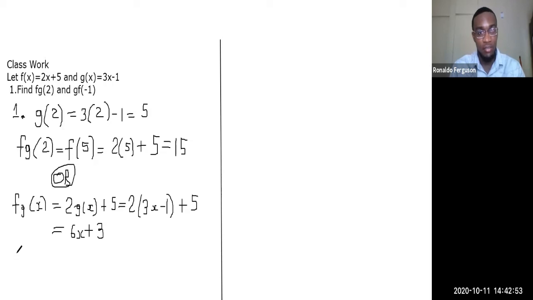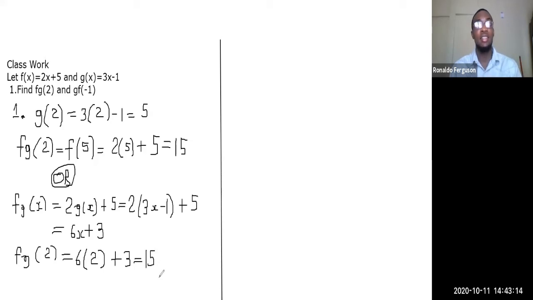And so therefore fg of 2, we can replace x with 2. Fg of 2 is equal to 6 times 2 plus 3. And 6 times 2 plus 3 is 12 plus 3, which is 15. And so that gives us fg of 2.